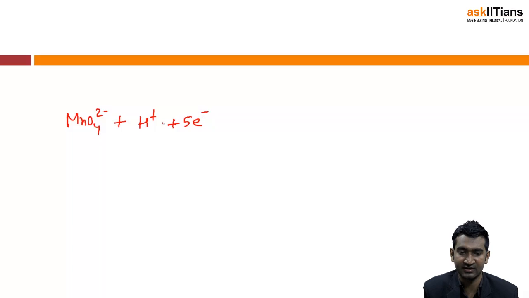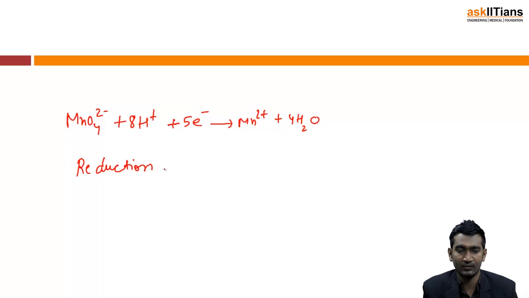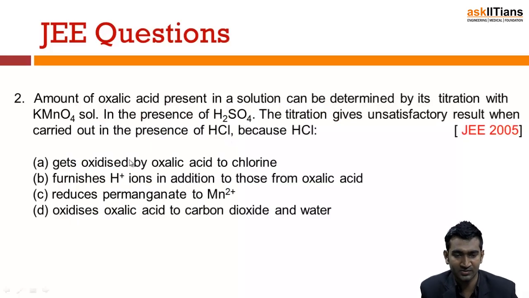This is the balanced chemical reaction I'm writing, okay, 8 here. So this will give you Mn2 plus plus 4H2O. Now this is the reduction of your K2MnO4 to Mn2 plus, right? So it is actually the reduction of permanganate into Mn2 plus.